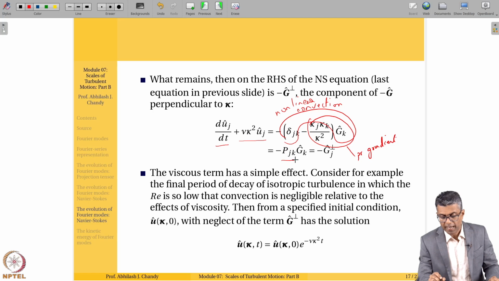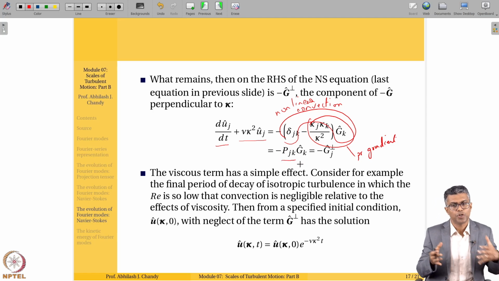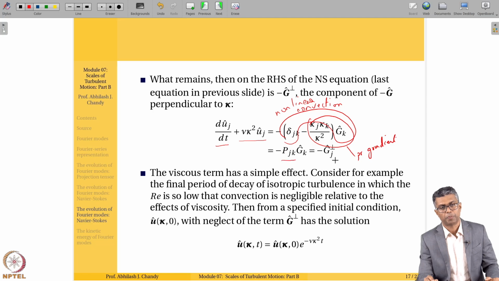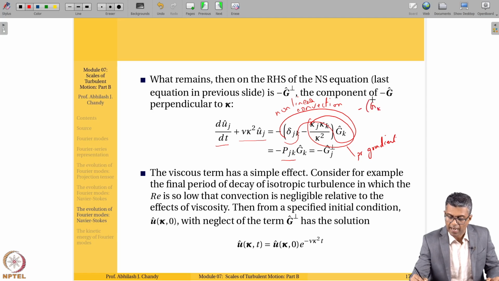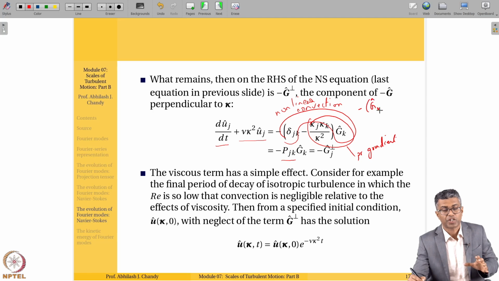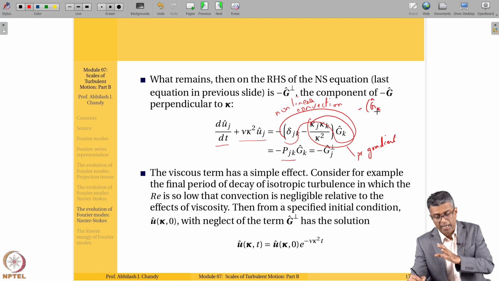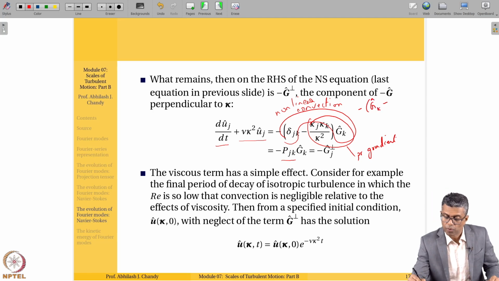So I have minus pjk gk hat, which we knew earlier was going to be minus Gj perpendicular. Because what we had here was minus of Gk hat, because the convection term is negative on the right hand side, and then you have a minus Gk parallel.